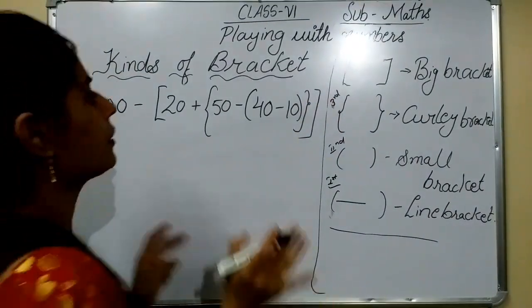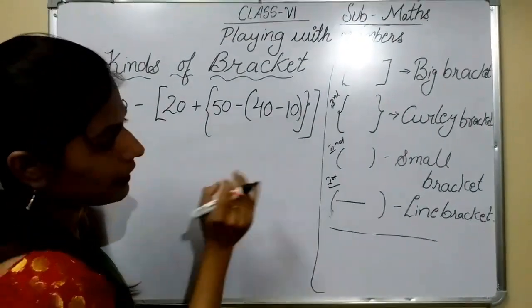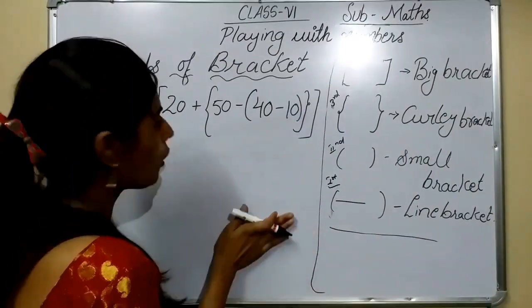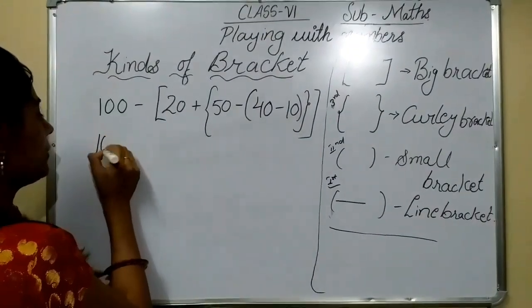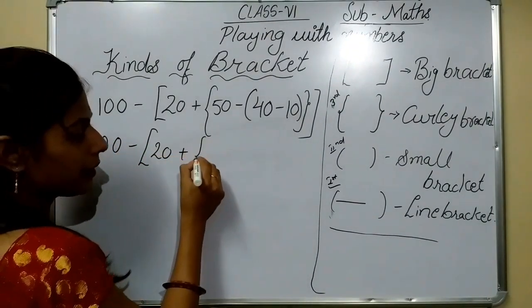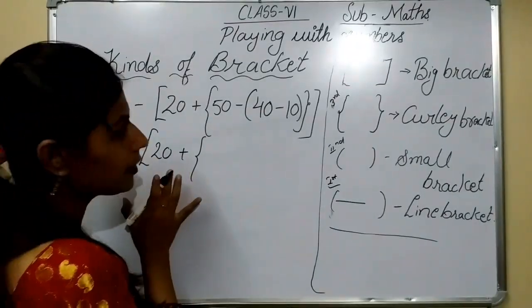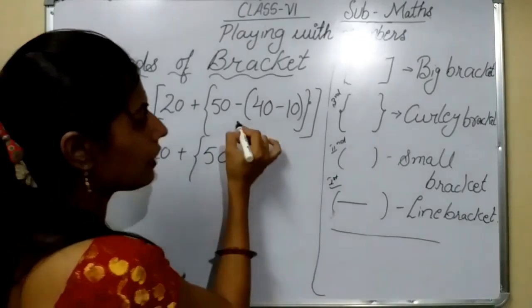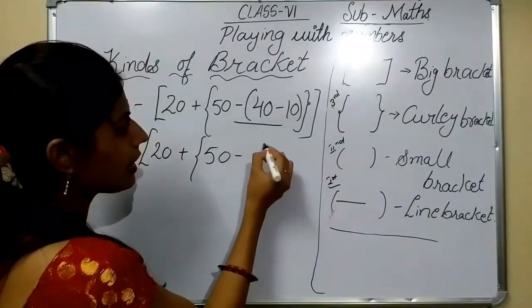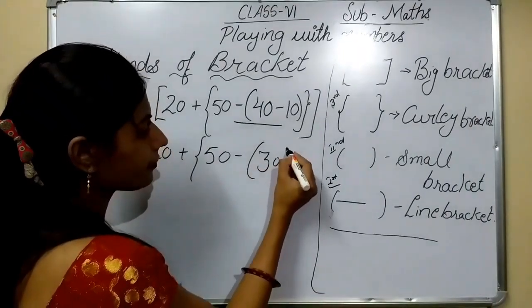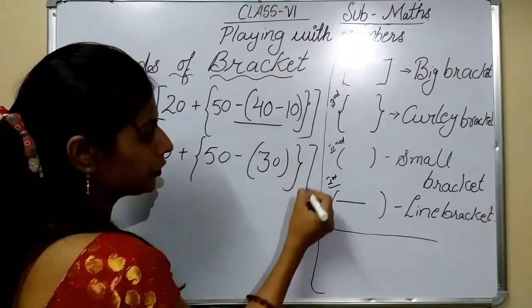Now in this you have to see that line bracket is not given here, so you have to start from the small bracket. Write 100 minus 20 plus curly bracket as it is, big bracket also as it is. Now 50 minus, you have to solve the small bracket. Here it is given 40 minus 10, that is 30.